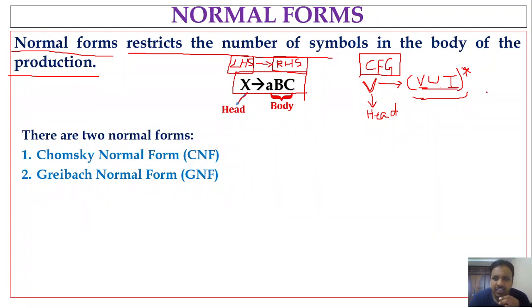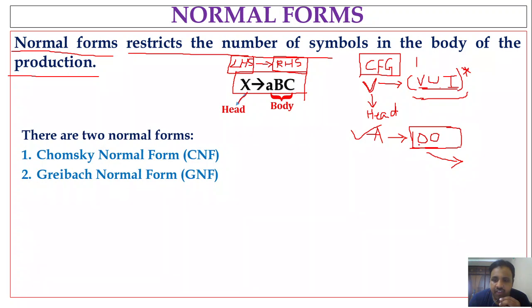So what happens if we are going to have such type of production rules in our grammar? Since there is no restriction on the number of symbols in the body of the productions, the grammar requires more processing time. Okay, so let me say one production I have written like this: capital A denotes some 100 symbols in the body of the production, right? So in order to derive the string by applying that production rule will take more time. Why? Because we are having 100 symbols in the body of the production.